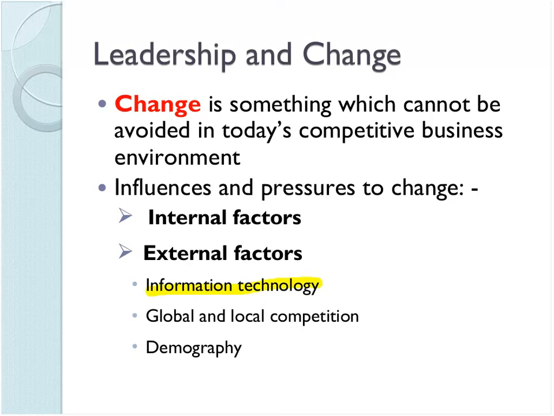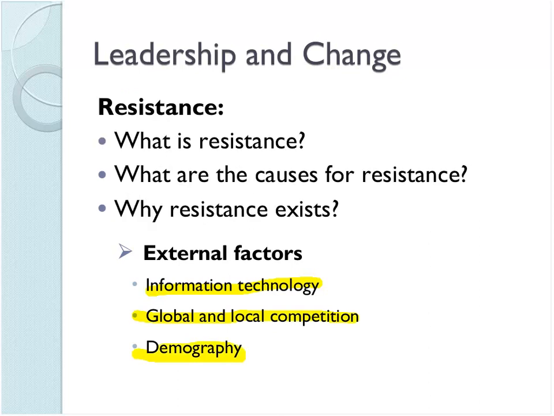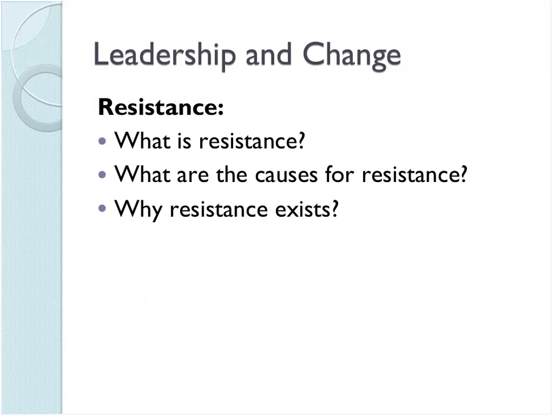Global and local competition also affect company changes. Demographic trends also affect company changes. In change, we have some resistance to change. What is the resistance? What are the causes of resistance, the reasons for the resistance, and why does the resistance exist? Let's see.